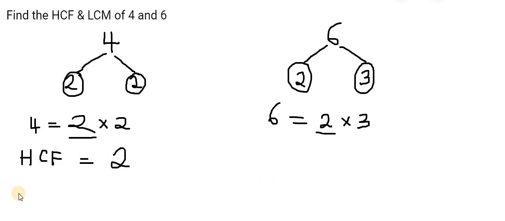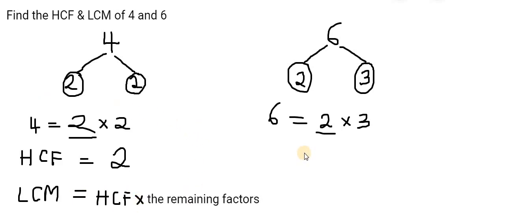Now, the LCM can be found 2 ways. Okay? You can either do the HCF times the remaining factors. Now, what do I mean by the remaining factors? I've already decided that my HCF is 2, so the remaining factors are the ones I didn't touch for the HCF, which is 2 and 3.